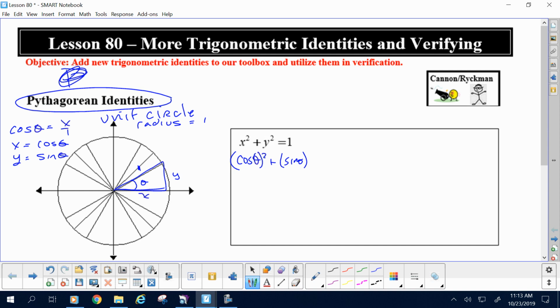Sine. So sine squared equals 1. I gotta say, most people write this in the opposite order. I don't know why, but it's typical that you see this sine squared plus cosine squared is 1.